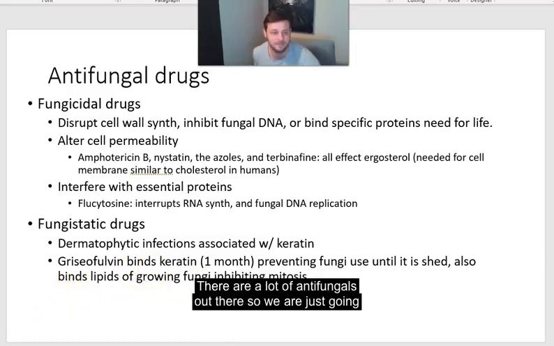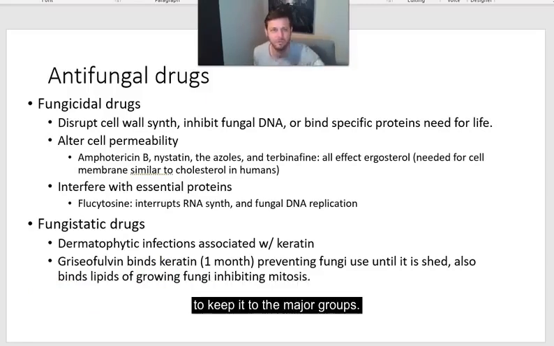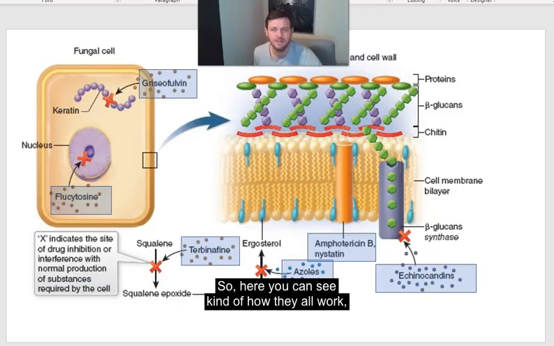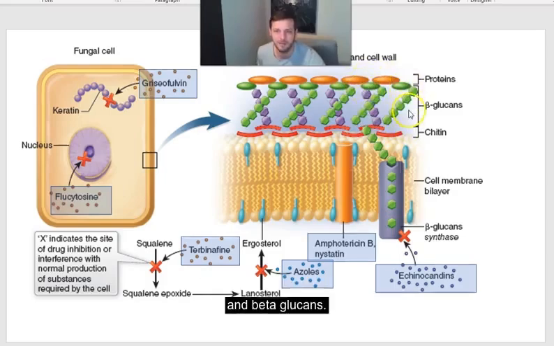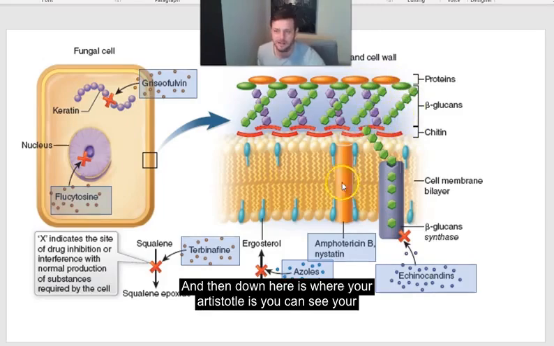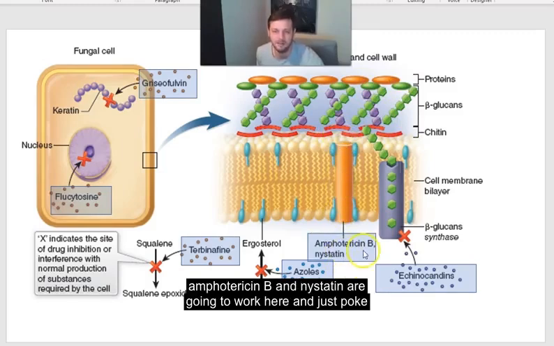Really handy. There are a lot of different antifungals out there, so we're just going to keep it to the major groups. So here you can see kind of where they all work. Here is your fungal cell wall made up of chitin proteins and beta-glucans. And then down here is where your ergosterol is, and you can see your amphotericin B and nystatin are going to work here and just poke holes into the cell membrane.